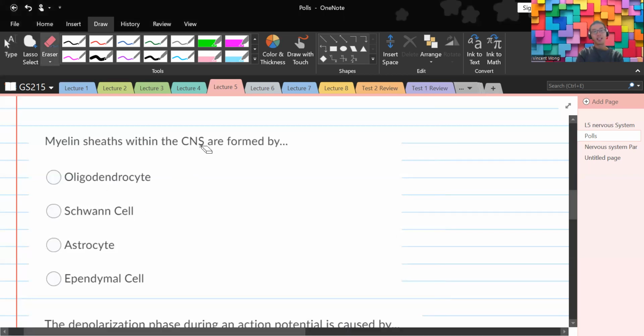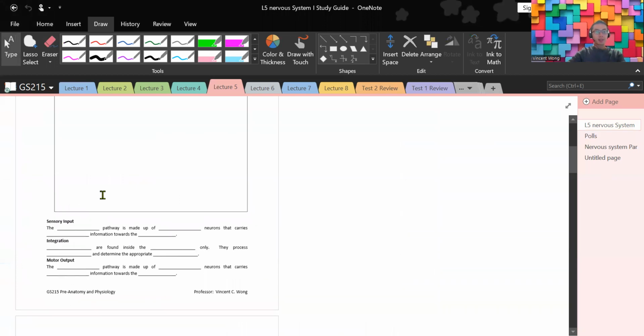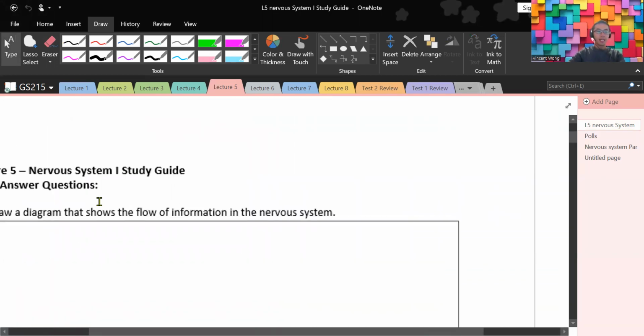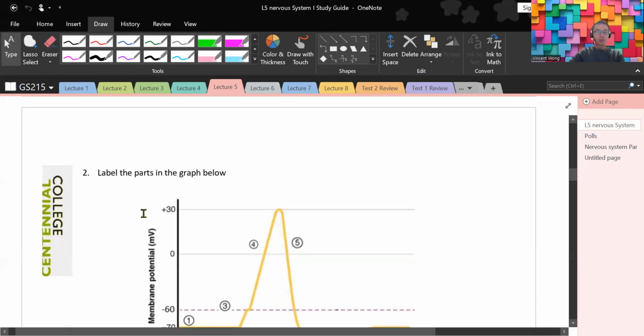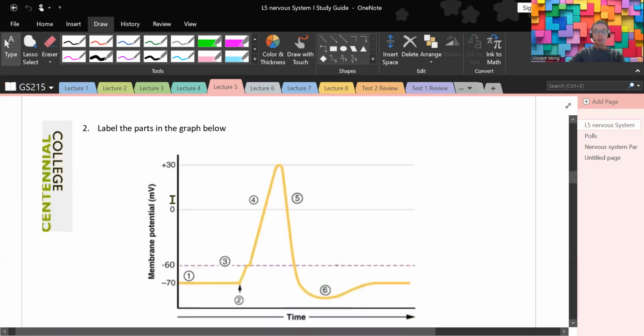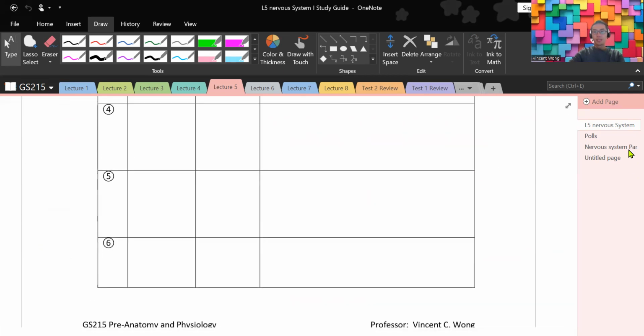It's one of them, right? The CNS is the oligodendrocyte. The Schwann cell is for the PNS. All right, that is basically it. So the study guide, this was already filled in during the lecture, and we just drew it again, so there's no need to go through it. I'm going to talk about the action potential now. All right, the action potential.